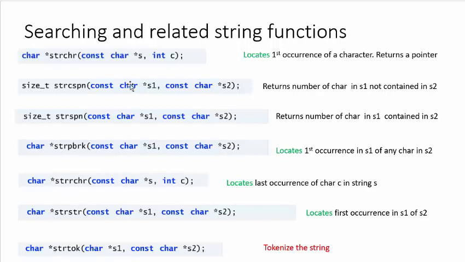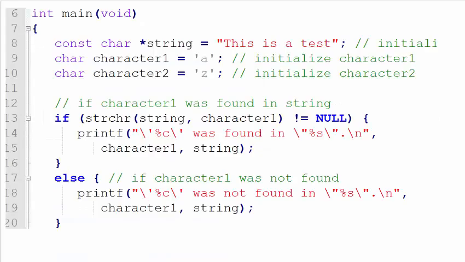So I'm going to do one of these. They're all kind of similar, and then this one down here is a little bit different. This one's called tokenizing a string, which I have a whole separate example for, so I have that in a different color. So let's do some examples.